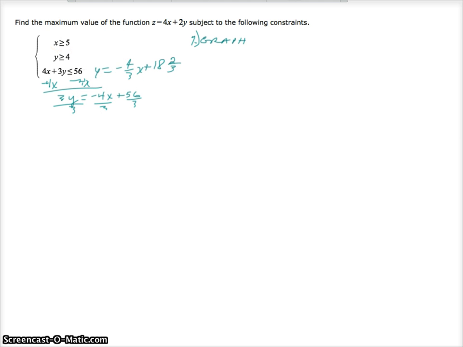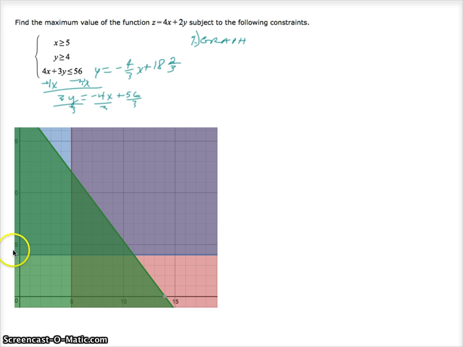Now I want to graph this whole thing. Here is x is greater than 5, y is greater than or equal to 4, and then here is y is less than negative 4/3 x plus 18 and 2/3, which is up here somewhere. Next I need to find my vertices.